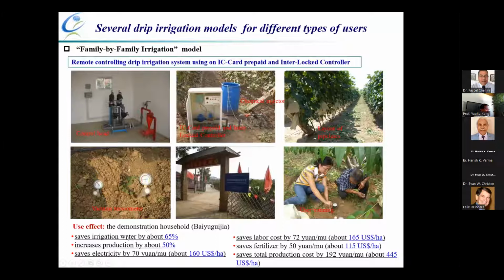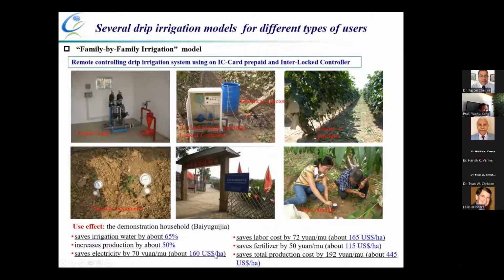The farmers found that when they use our micro-irrigation systems and technologies, they can save irrigation water by about 65%, increase production of the grape by about 50%, and save electricity by 70 yuan per mu, Chinese mu.